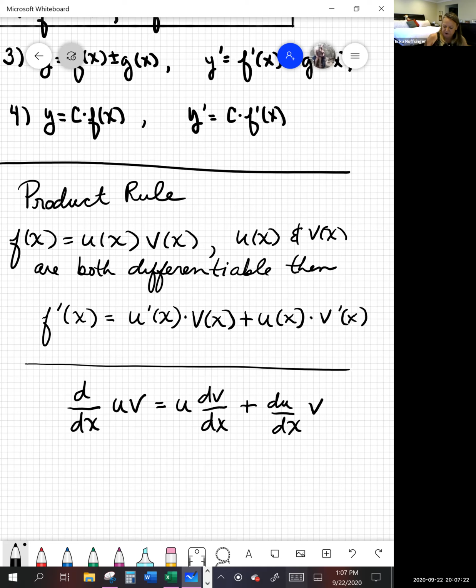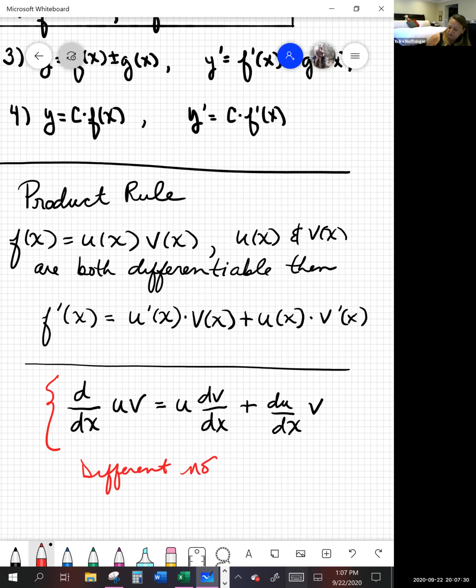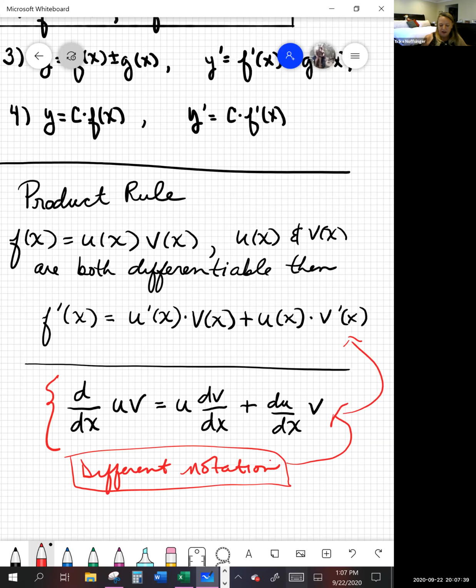So just different notation, but same thing. So we've got Leibniz and Newton's notation going on here.